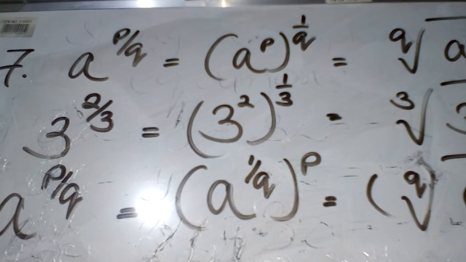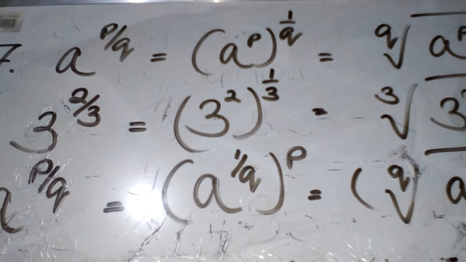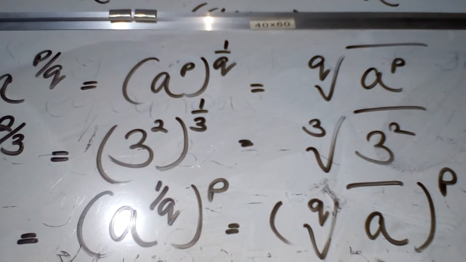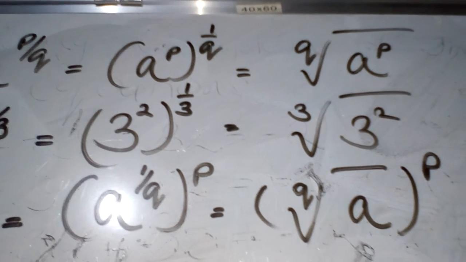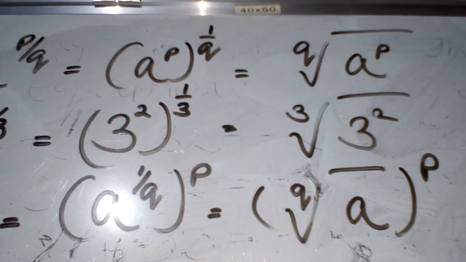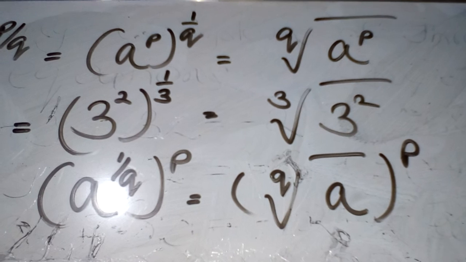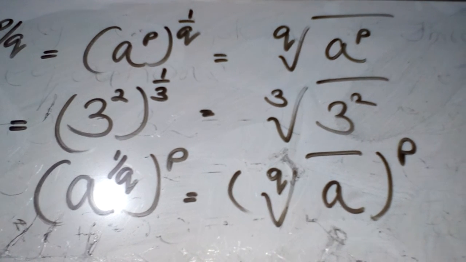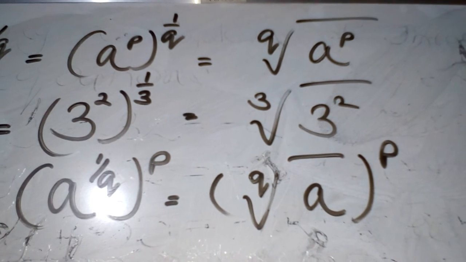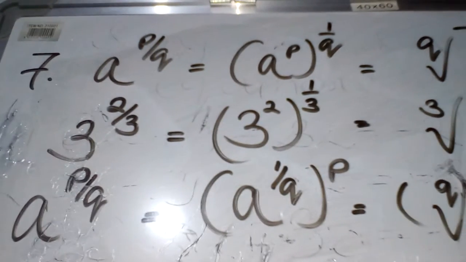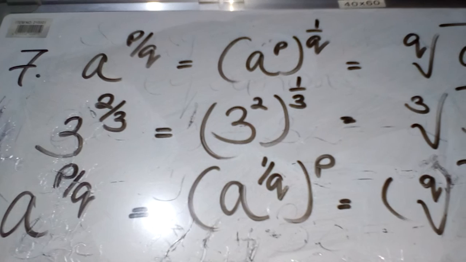What about a to the power p over q? How do you represent it? You represent it in this format where you say a to the power p, brackets 1 over q, which is root q of a to the power p. You could have a question as follows: 3 to the power 2/3.